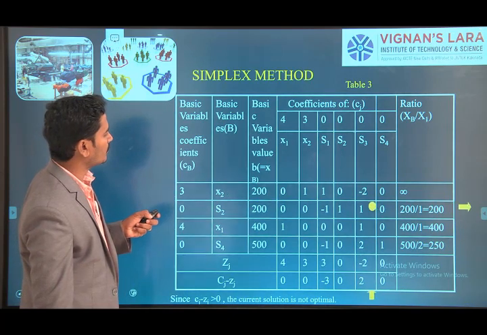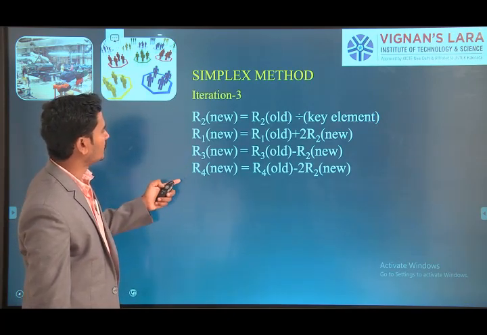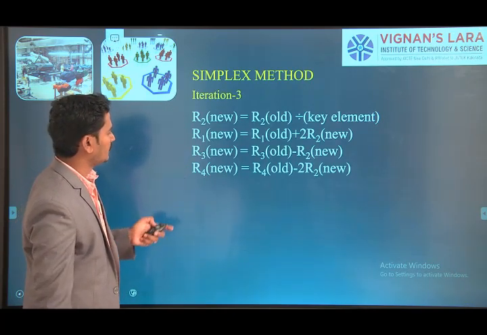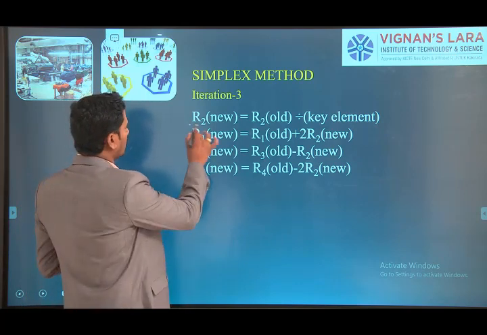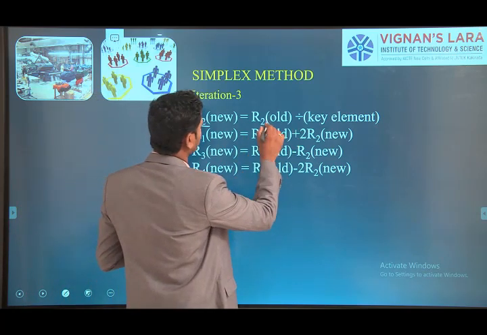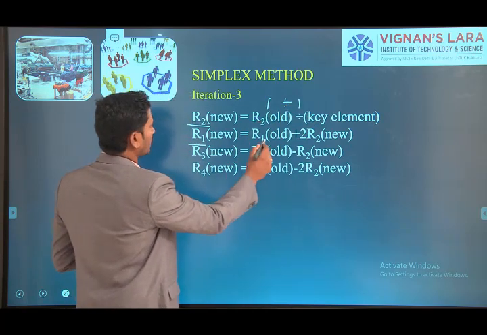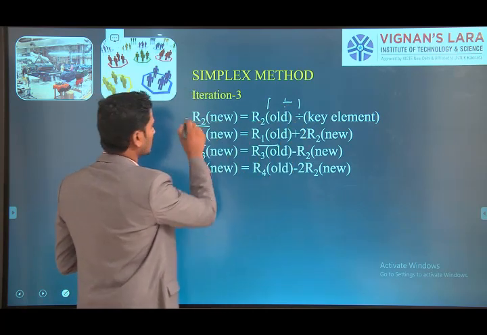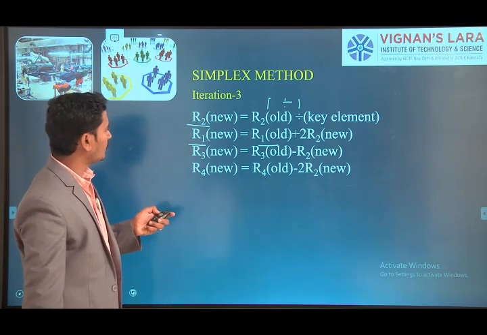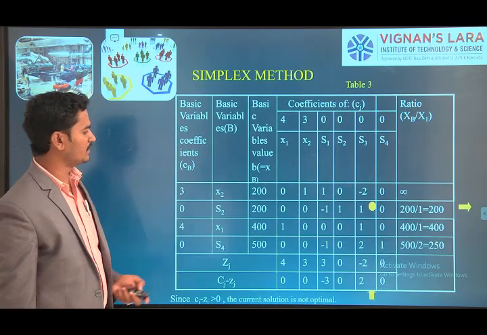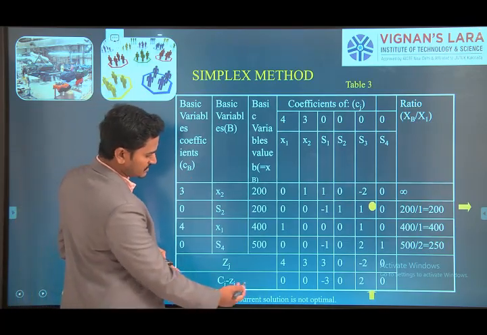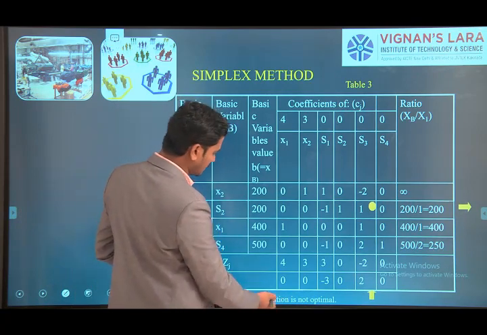There we are using some formulas. These formulas are used to get table 3. Here the R2 new value is again 1, so simply R2 new, 1 by 1, is equal to 1. Here we find R1 new with the help of the new R2. After the iterations we get table 3. Here also Cj minus Zj is greater than 0.